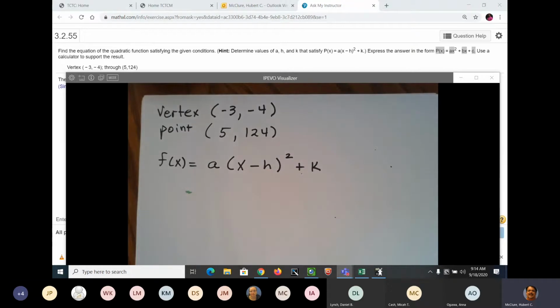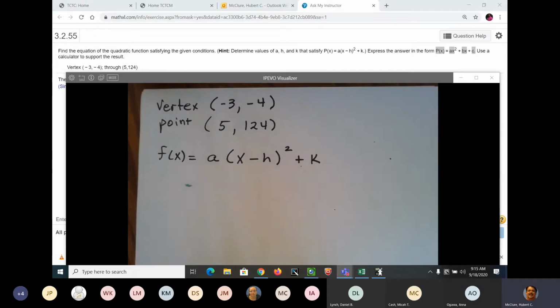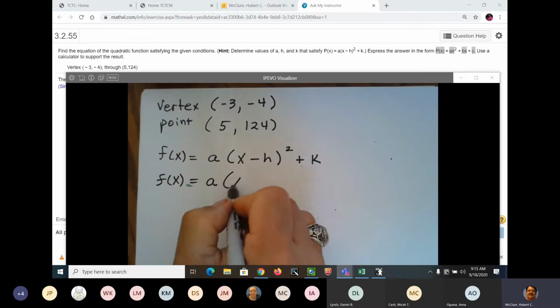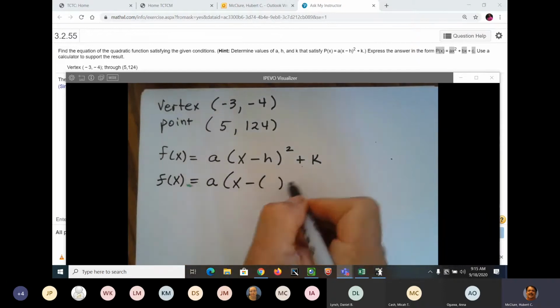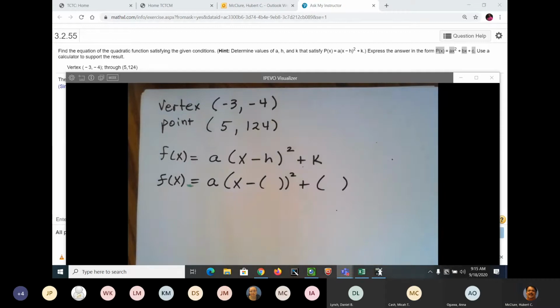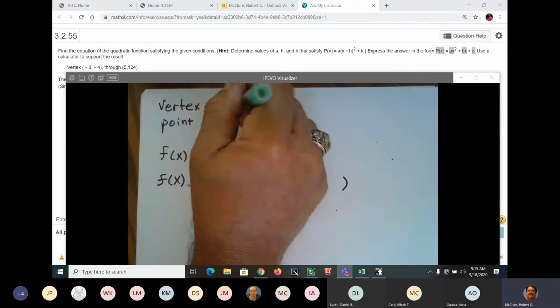All right, so we got these 2 right here. I'm going to rewrite this. F of x is equal to a times x minus parentheses plus parentheses. And I'm going to try to highlight for y'all because I'm a wonderful teacher.